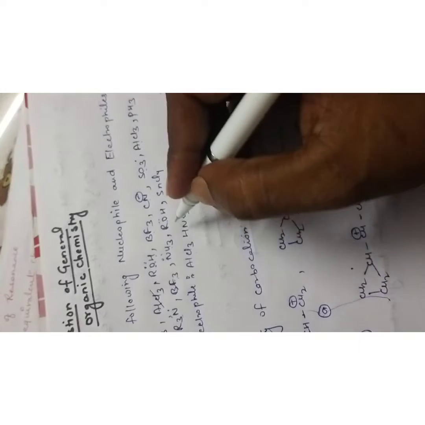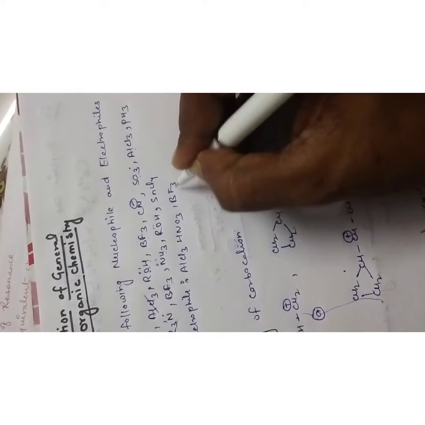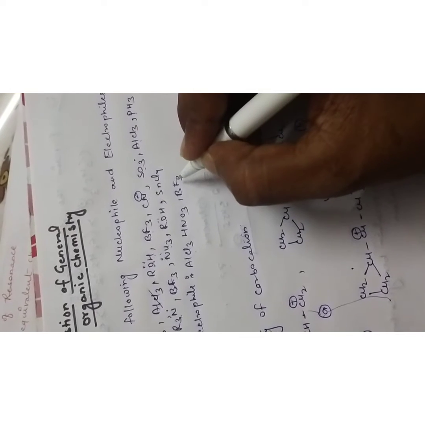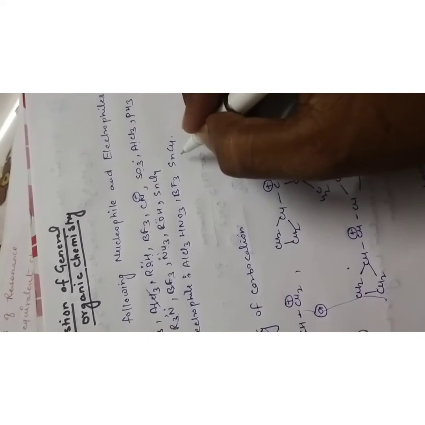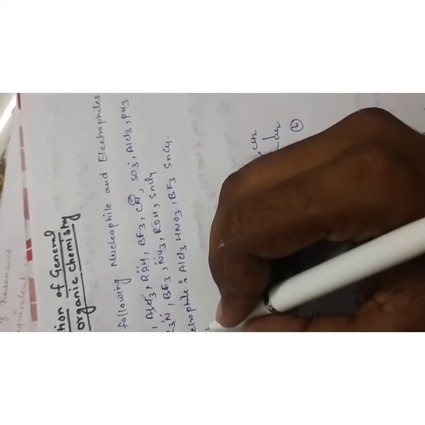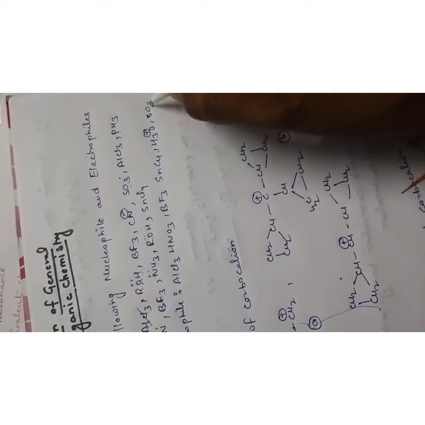And again if you see, BF3 is a neutral electrophile, meaning it is an electron deficient species. SnCl4 is also an electrophile. The next one, ROH2 plus, hydronium, this is also an electrophile. And SO3, the sulfonium ion, so it is also an electrophile.